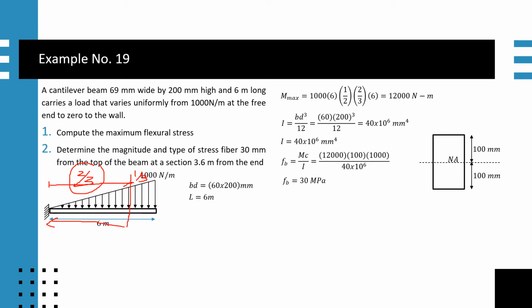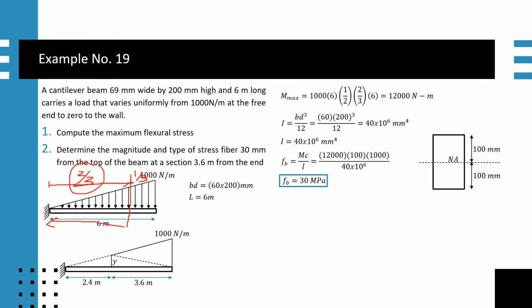Next. So, determine the magnitude and type of stress at a fiber 30 millimeters from the top of the beam at a section 3.6 meters from the end. So, i-drawing natin, i-illustrate natin. Ito yun. Hinahanapan natin ng magnitude sa 30 millimeters from the top, 30 mm from the top of the beam at a section 3.6 from the end.